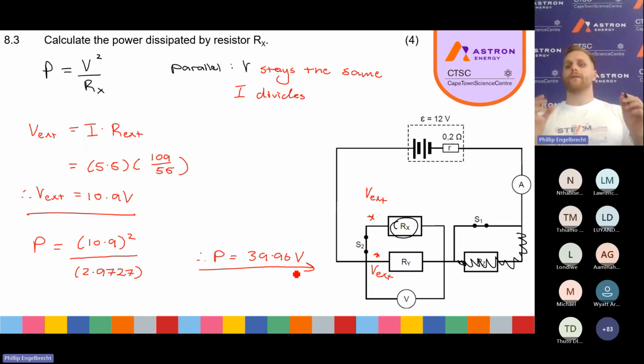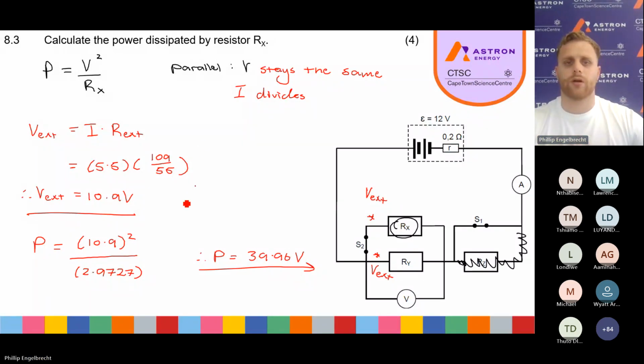I first try to find the equation that requires the least amount of effort from me, because I don't want to waste ink on too many equations. I have a long test to write. So I find that my external voltage is 10.9 volts. Now that I know my external voltage, I can figure out the power that that resistor is dissipating. And that's my answer. I hope we understand that.